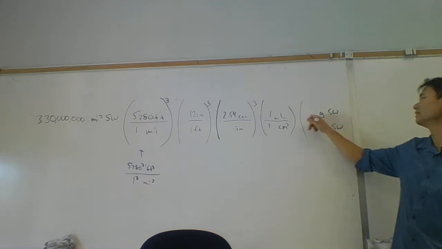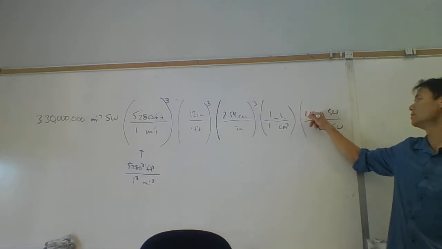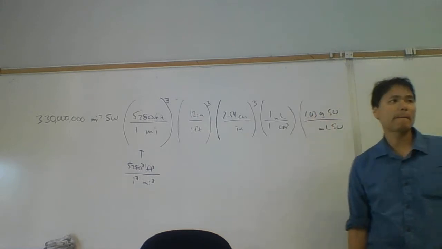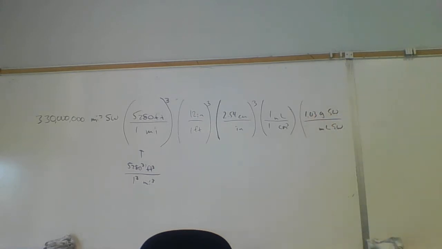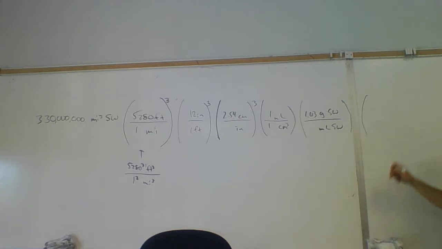grams of seawater. And what was the density? 1.03 grams per milliliter of seawater. And so this gives us grams of seawater, and then from grams of seawater, where can we go? Yeah.